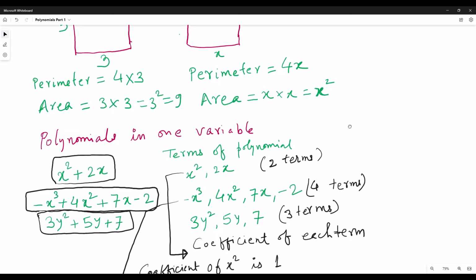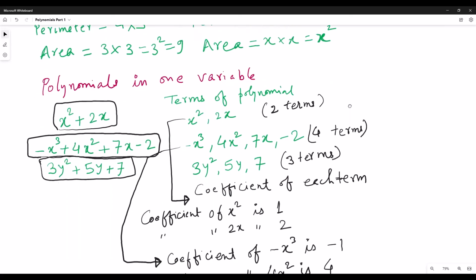Polynomials in one variable. So if the variable is only x or only y or only z, then those are polynomials in one variable. And polynomials can have multiple terms. So basically terms are the number of items in the expression.